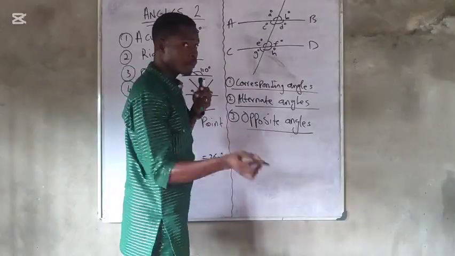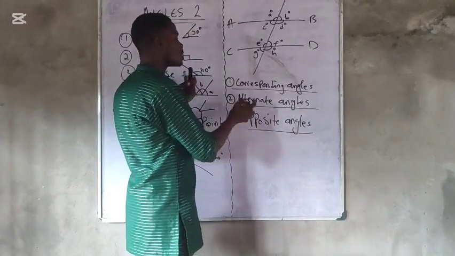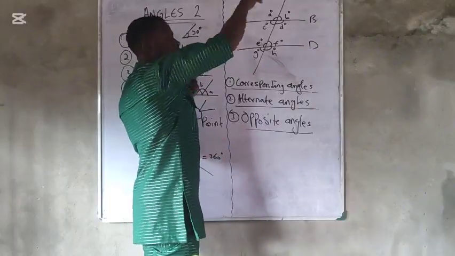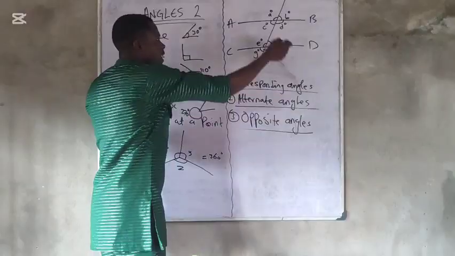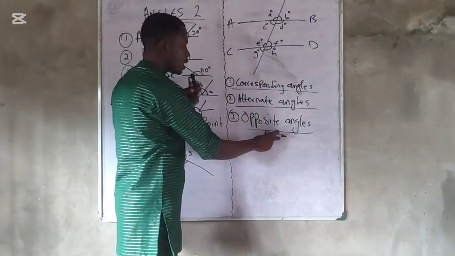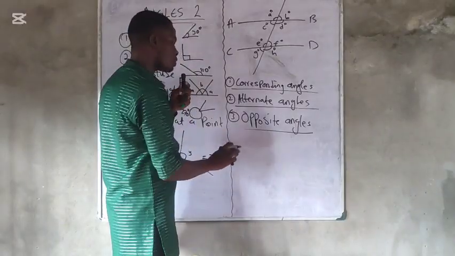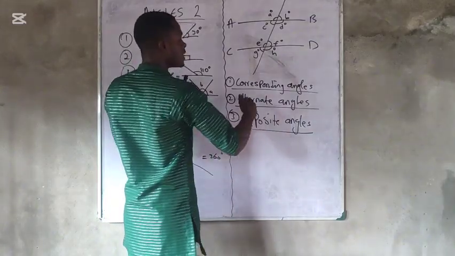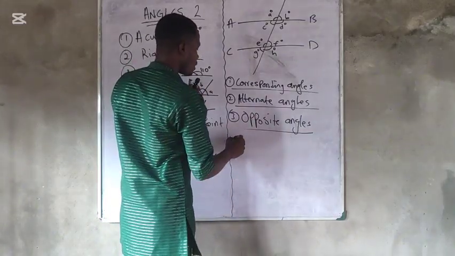Before we continue, I must tell you that corresponding angles in a situation like this are equal. Alternate angles in a diagram like this are equal, as well as opposite angles. First of all, let us identify the corresponding angles here.